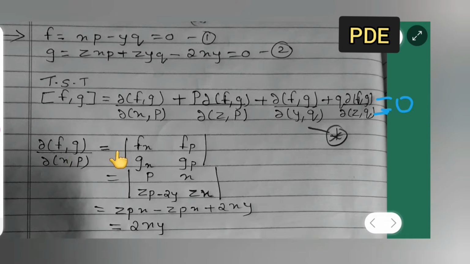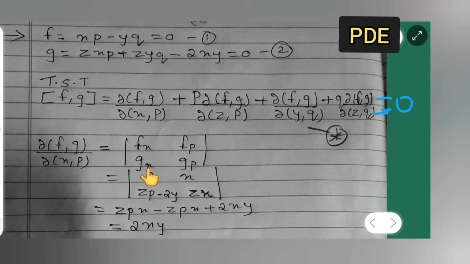How you are going to prove is, this is what? fx, fp, then gx, gp, right over here. Now what is fx? Differentiate equation 1 with respect to x, you are going to get p, plug it here. fp is what? With respect to p, differentiate this f, you are going to get nothing but x, plug it over here.